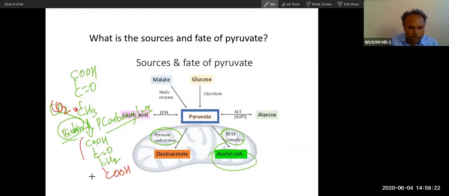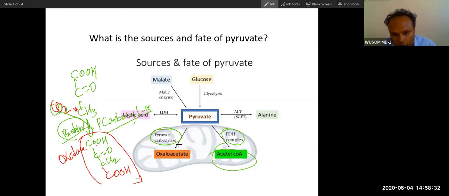So this is oxaloacetate. So pyruvate can convert into oxaloacetate, and pyruvate also converts into acetyl coenzyme A.